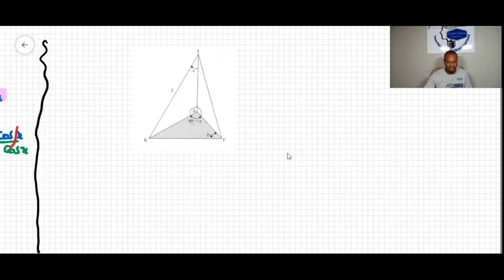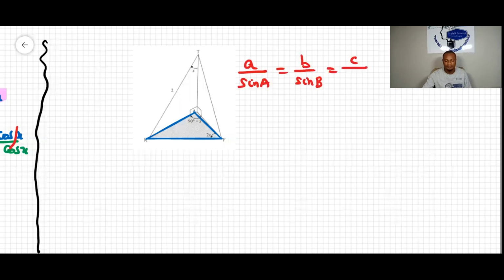This is what we have. We are in this triangle here in blue. We can use the formula A over sin A equal to B over sin B, and then C over sin C.